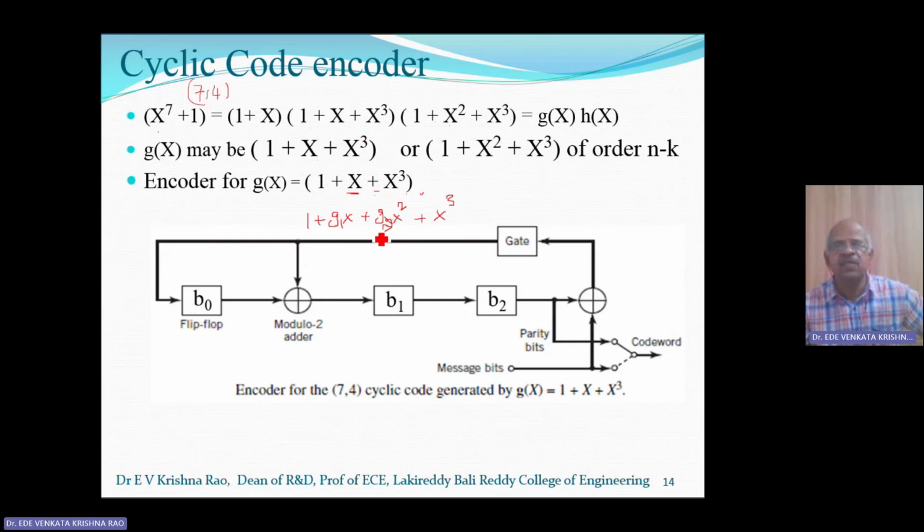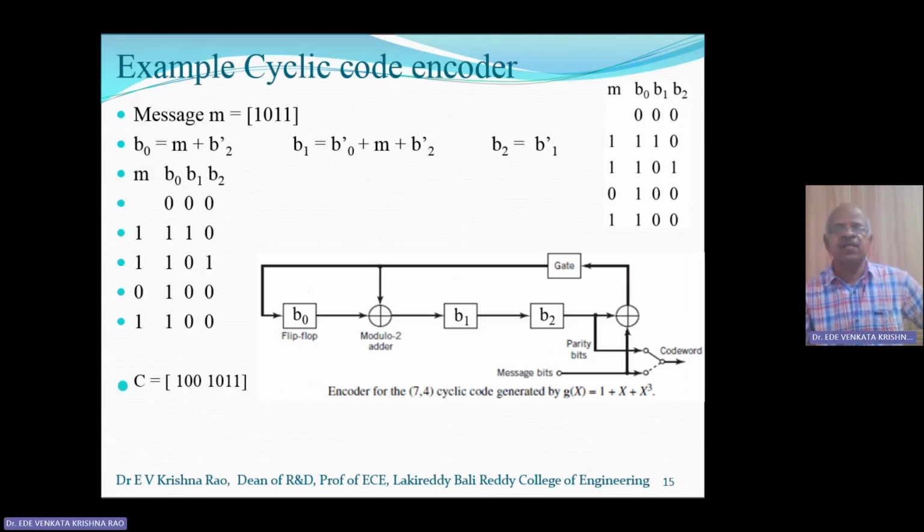So this is 0, G1, so this is G1 and this is 1, and G2 is 0 here, no connection. So this is the encoder. Message bits are given here and connected, and after every shift, at the end B0, B1, B2 are generated, and these parity bits are taken out at the end.